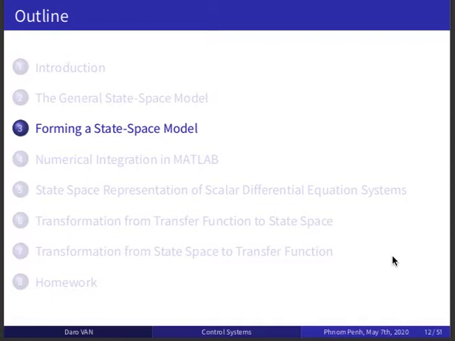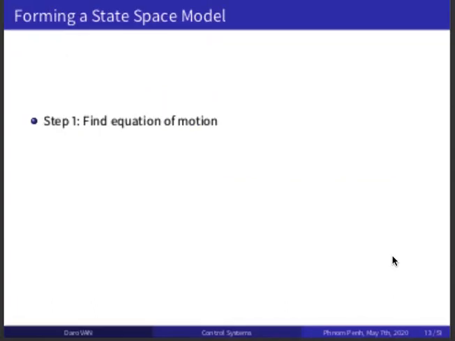Now it's time to take advantage of those techniques and learn how to form a state space model. In order to form the state space model, first you need to have the equations of motion. You can get the equations of motion from Newton's second law of motion or Lagrangian.